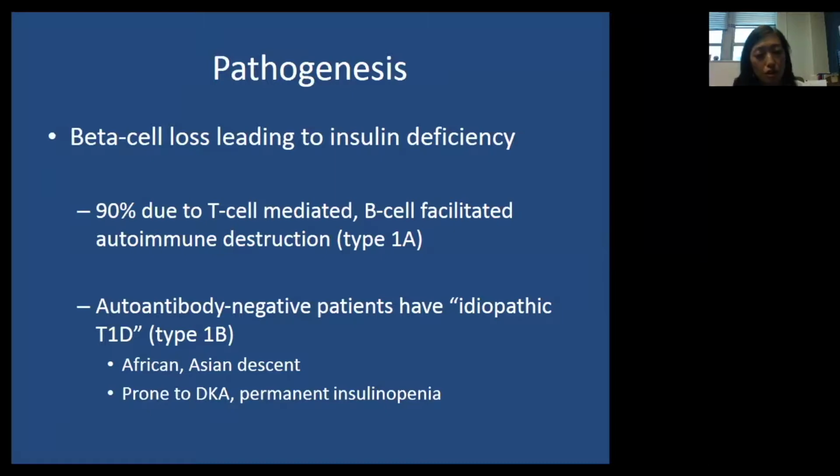A much, much smaller percentage of those with type 1 have an autoantibody negative type 1 diabetes called idiopathic type 1, maybe type 1B, seen more in ethnic and racial minorities in the US, African, and those of Asian descent. These people are prone to DKA. They do have permanent insulinopenia, meaning they do need insulin lifelong as well, but have a somewhat different underlying pathophysiology and pathogenesis of their disease process.